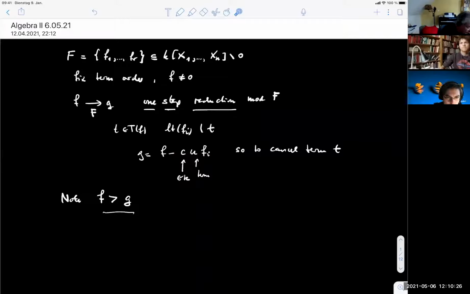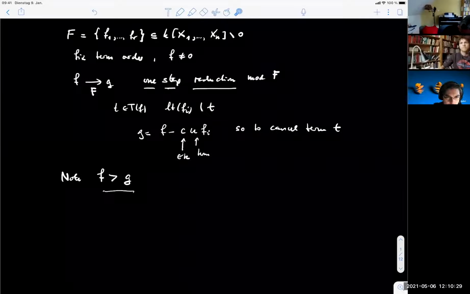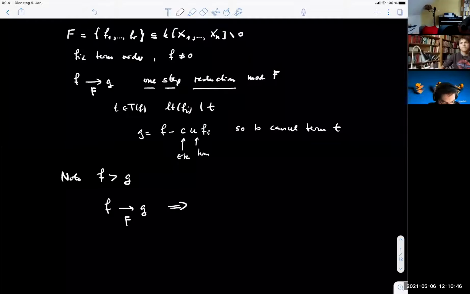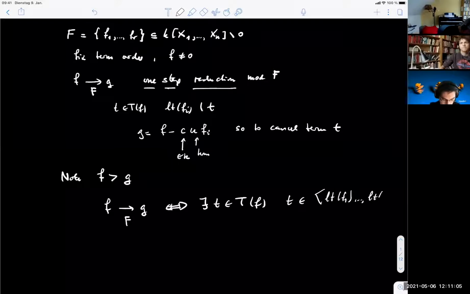So maybe I also write this again. I already said it, but I want to write it because it will be helpful. So more formally, f reduces to g modulo F if and only if there is a t in T(f) such that t is in the monomial ideal generated by the leading terms of f1 up to fr.